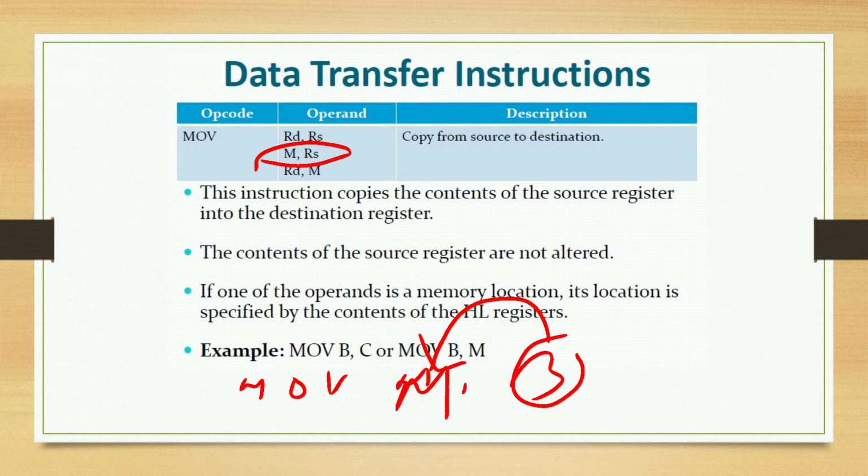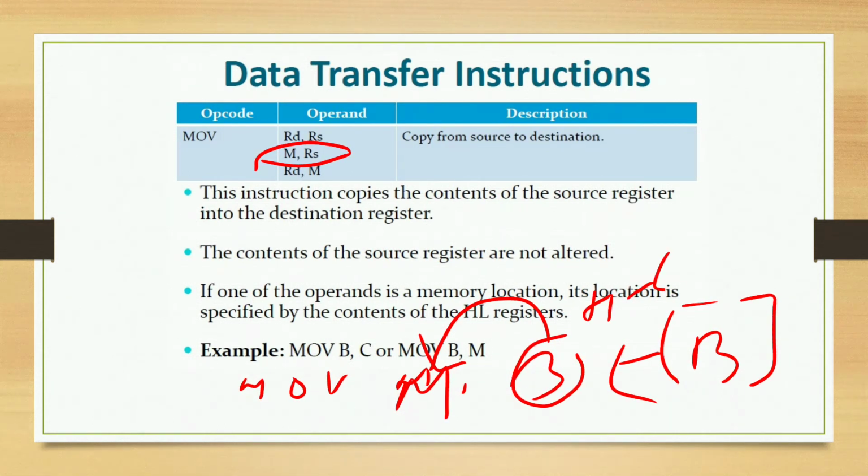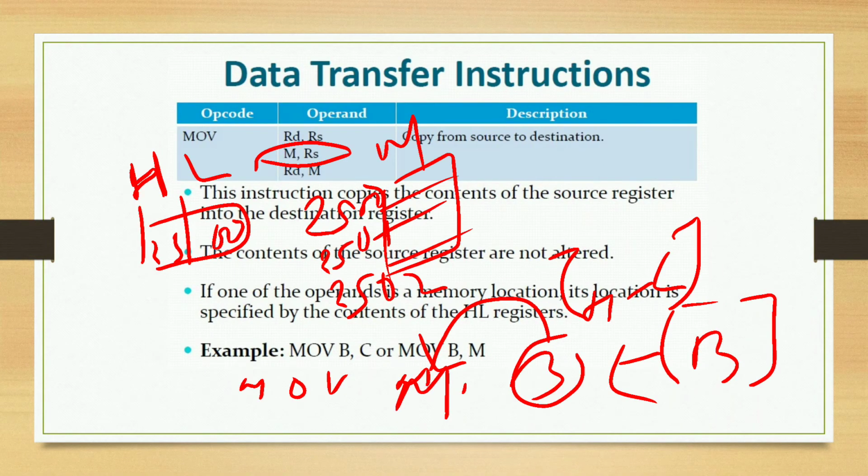That means the content of the B register is copied to the memory location whose address is in the HL pair. MOV M, B: the content of register B is moved to the memory location whose address in HL contains 2500.